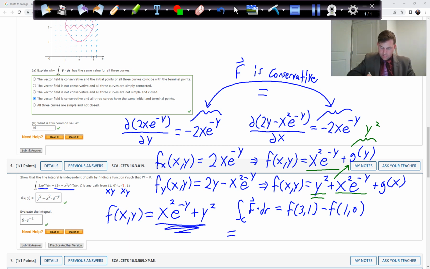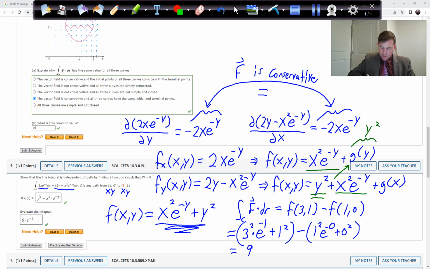So we're going to get x is 3, so we get 3 squared times e to the minus 1 plus 1 squared. So that's the first point, minus, now x is 1, 1 squared e to the minus y is 0, plus 0 squared.